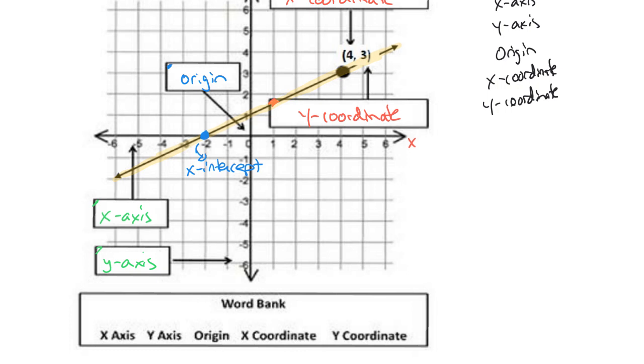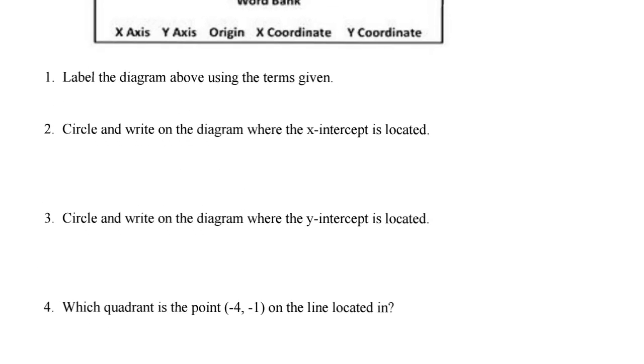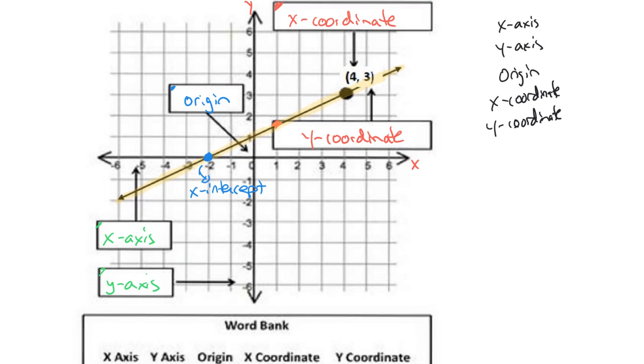Now, I would be shocked if the next question wasn't asking, and there it is, where the y-intercept is located. That one is going to be the point on that line, it's always going to be on that line, that's in between the left side and the right side of the graph. And that's going to be on the y-axis.